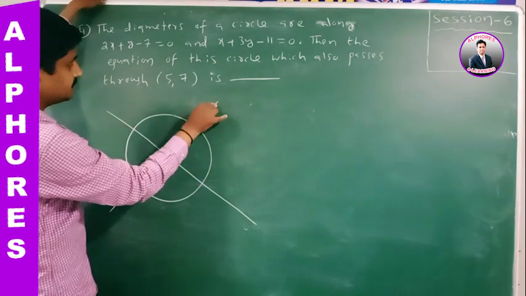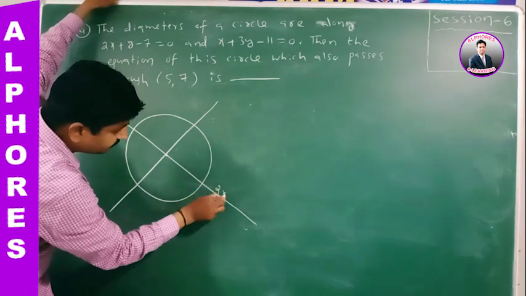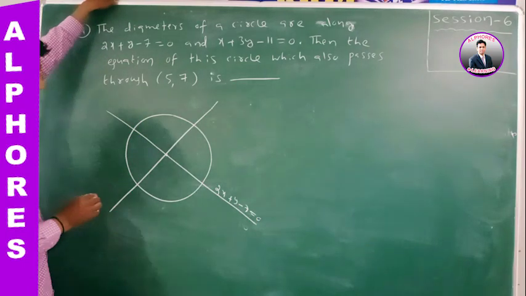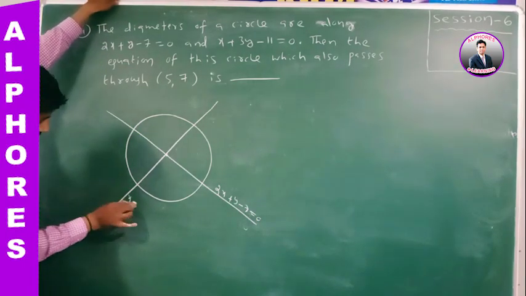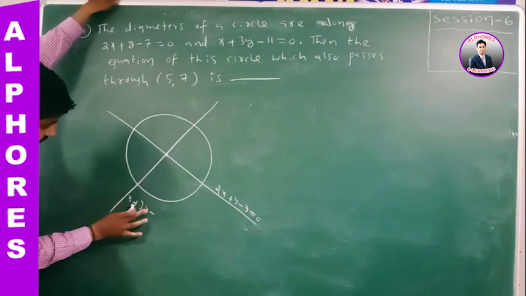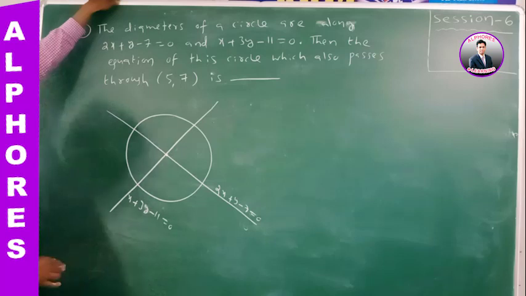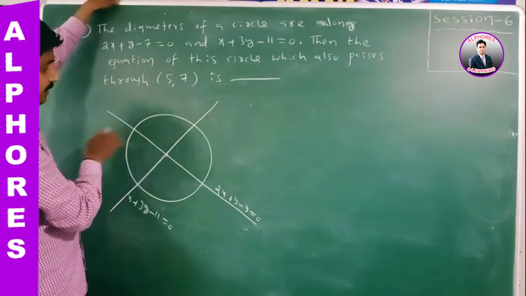Suppose this is the line 2x plus y minus 7 equal to 0. This is the line x plus 3y minus 7 equal to 0. Here the diameters of this circle are along these 2 lines.